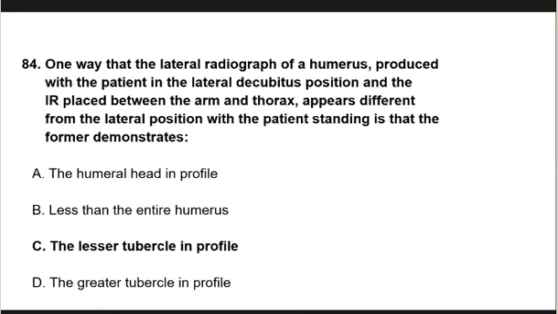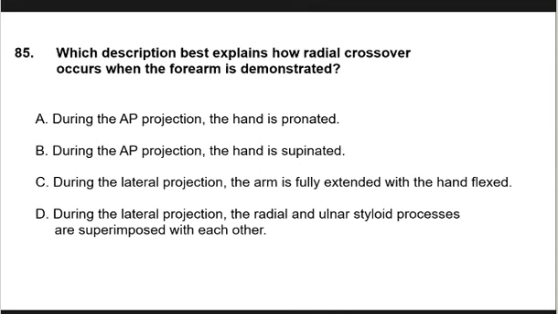Ayan, sagot sa 84, letter C, lesser tubercle in profile. Ayan, 85, I repeat, which description best explains? Sabi ko nga kanina, mayroon tayong dalawang routine projections demonstrating the forearm. Dalawang bones din ang consist of the forearm: we have the radius and the ulna.